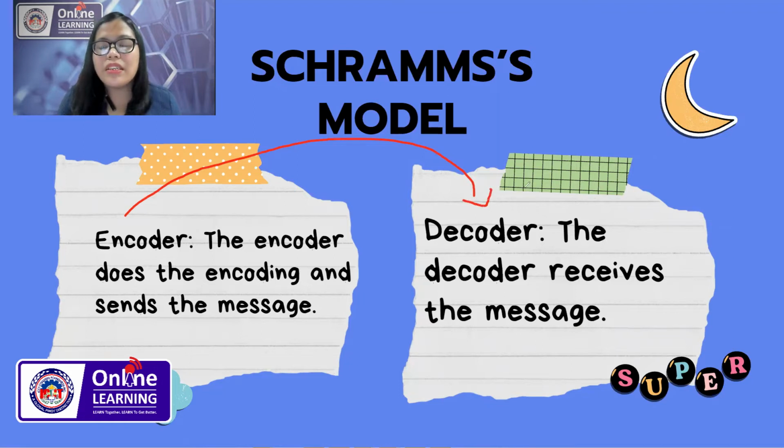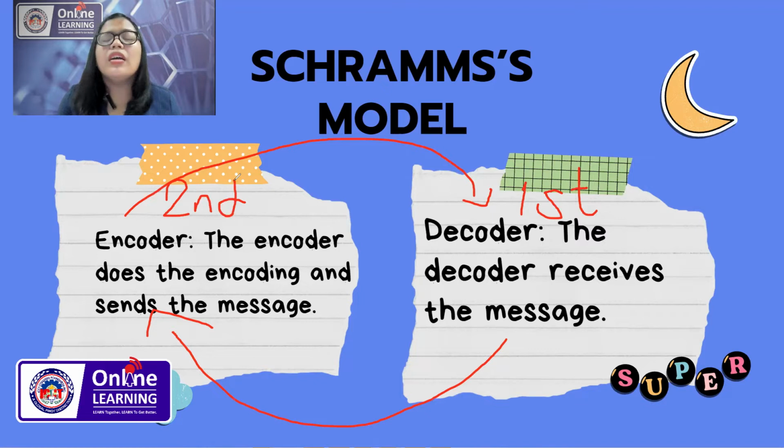So the decoder is the first one who will be interpreting the message. As the decoder interprets or understands the message, the decoder will give a reply to the encoder. And then the encoder will be the second one who will be interpreting the message, or the reply of the decoder. So this is continuous, circular.